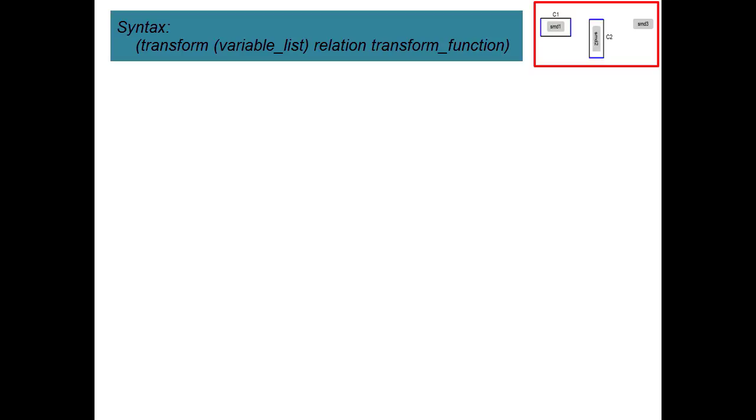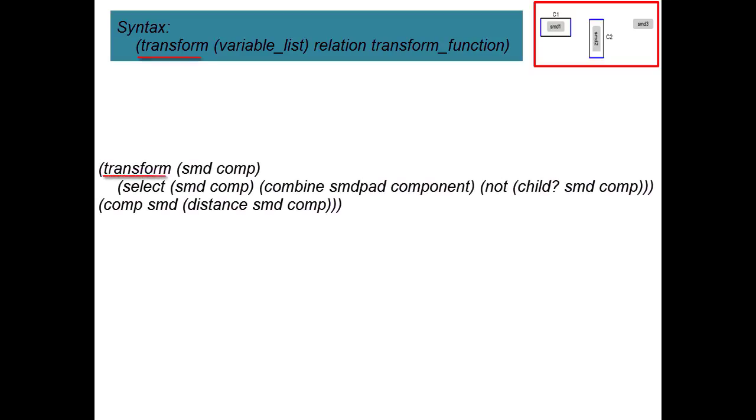For our example, we start with the transform keyword followed by a list of 2 local variables enclosed in parentheses, SMD and comp. The second argument to the transform operator is the input relation, which in our example is the output of the select operation.